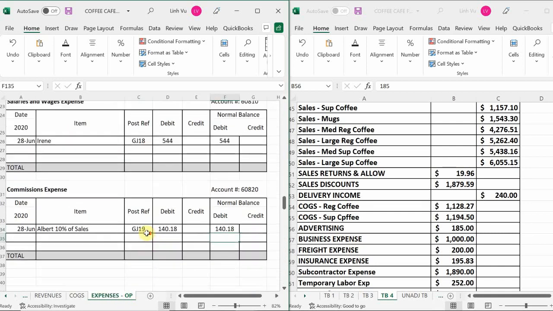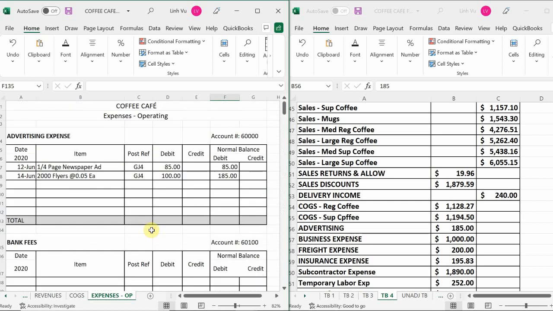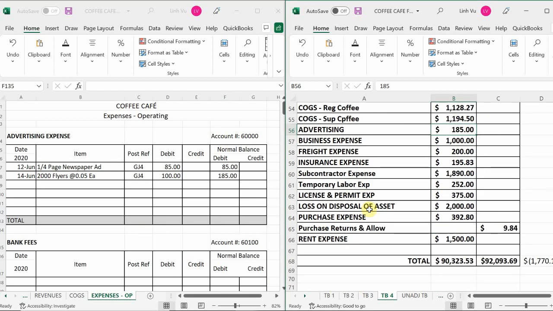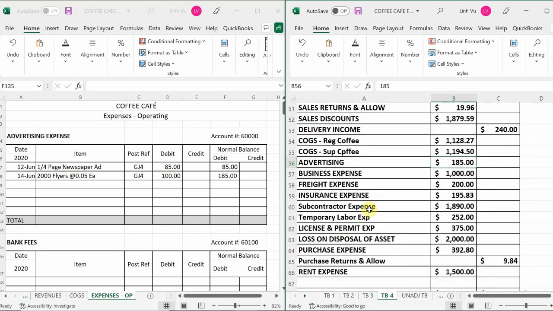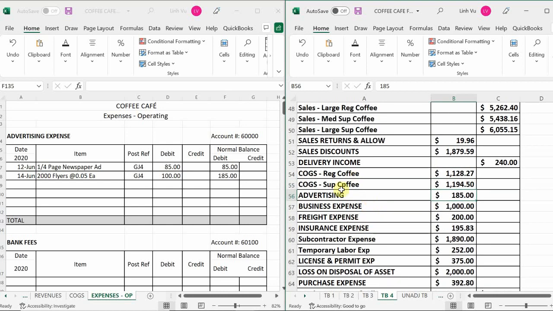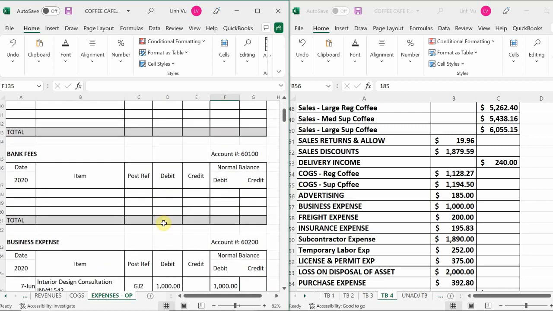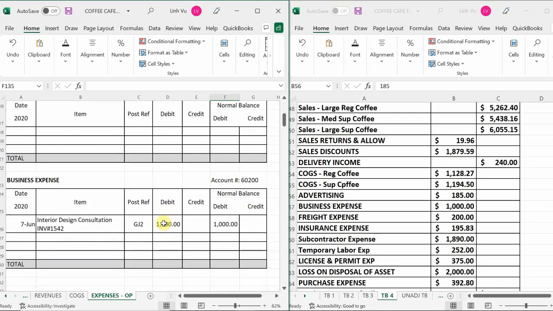So last but not least, we got to go through our expenses, starting with advertising expense. Did I incur any advertising expense? Advertising expense is currently at $185, which is the same. Bank fees, we haven't incurred any yet.